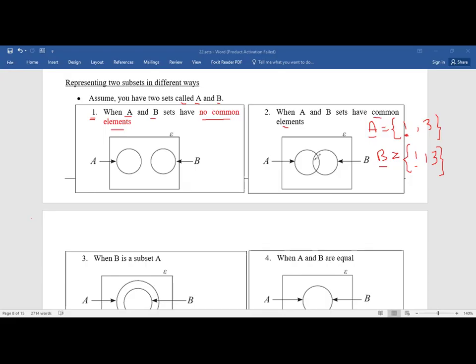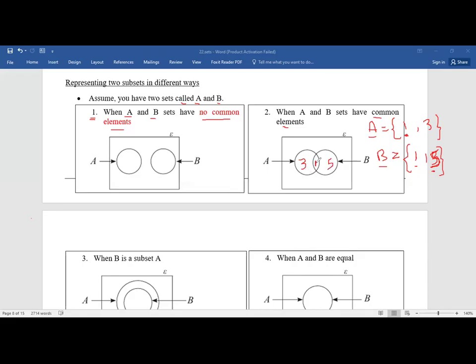So 1 should come here because 1 is common to both A and B. Sorry guys, this is 1 comma 5. A is 1 comma 3, B is 1 comma 5. So the rest of the elements of A is 3 and the rest of the elements of B is 5.